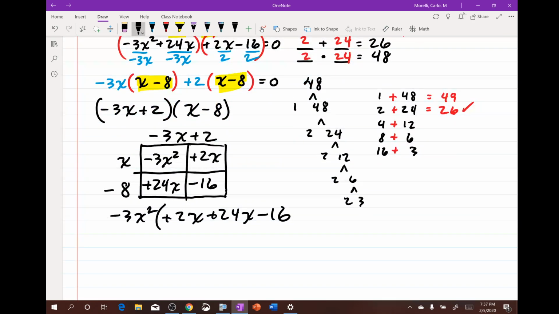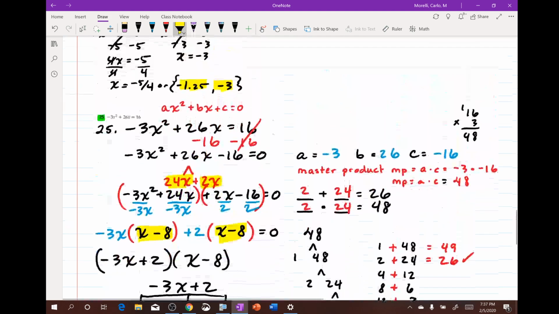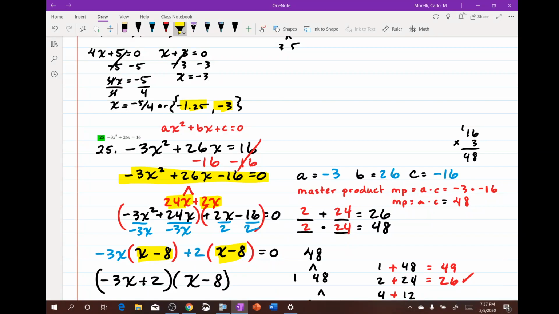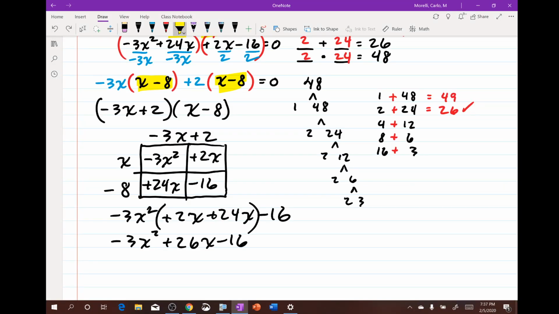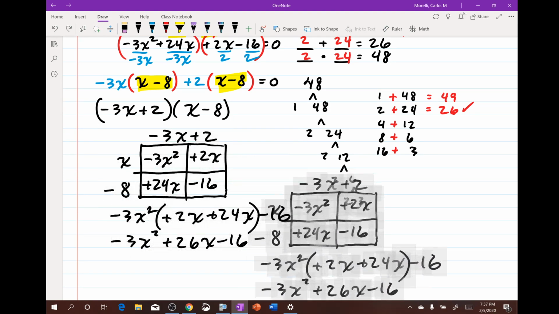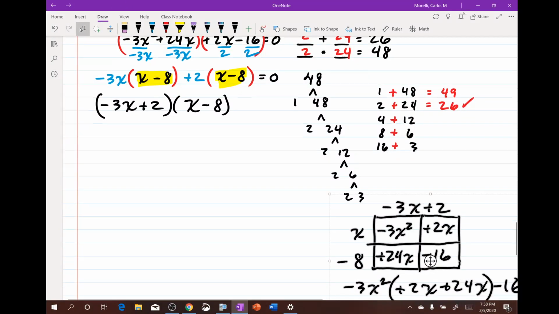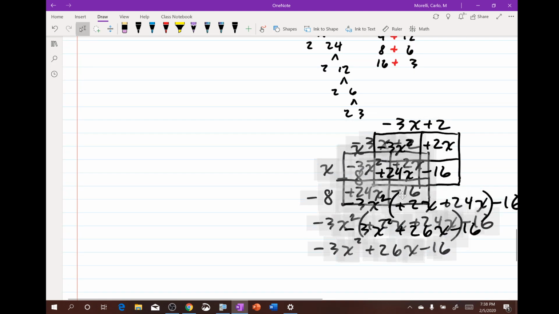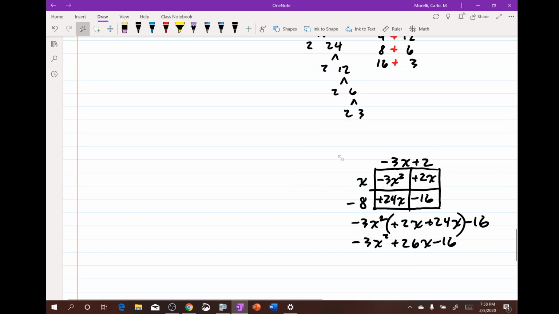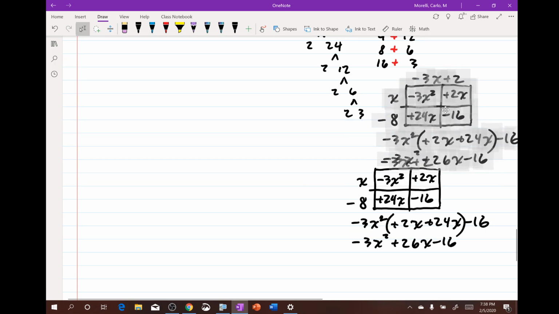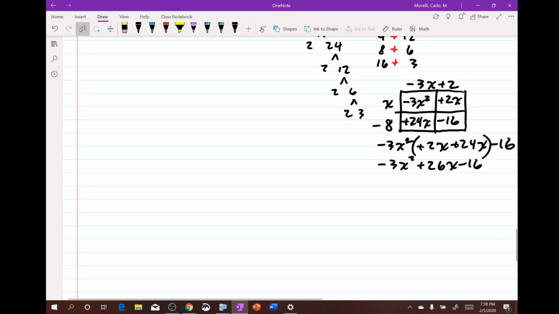Now I combine like terms in the middle: negative 3x squared plus 26x minus 16. The good news is this matches the original standard form quadratic, and that's how we know we did everything right. I'll call that our check, just so we know that we checked our work and we know we're right. Doesn't it feel better to know that you're right? There's absolutely no ambiguity about it.